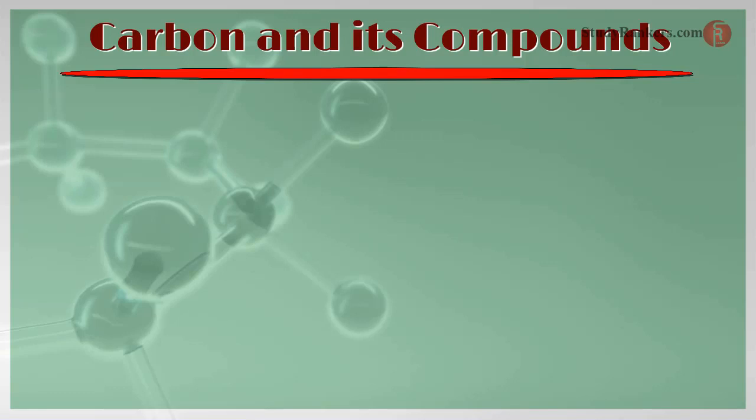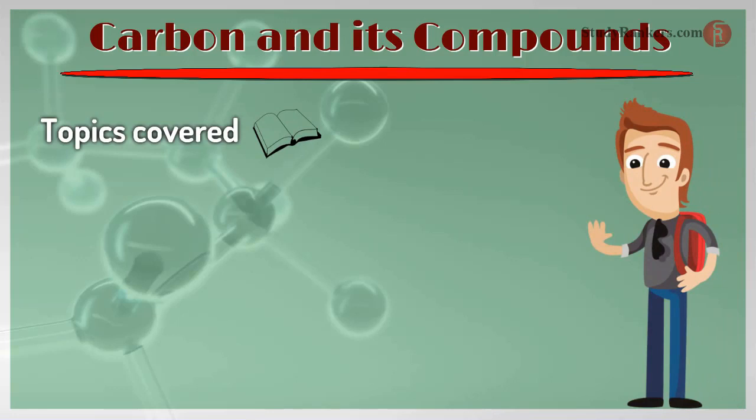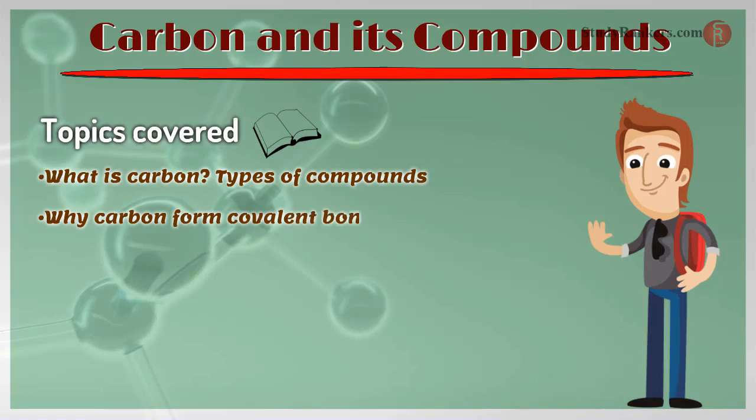The pen, pencil, clothes you are wearing and many stuffs are made up of carbon and its compounds. Let's start with the topics to be covered in this chapter. First, we will learn about carbon and types of its compounds. After that, we will learn about why carbon forms covalent bond, not ionic bond.